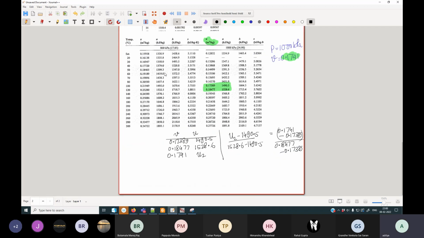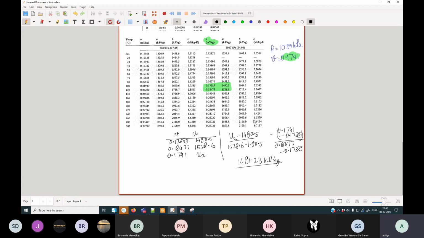Or have I made a mistake? I might have made a typing mistake. Has anyone done this interpolation? Yes, sir, it's coming out to be 1491.23. Okay, 1491.23 kilojoule per kg. No problem.